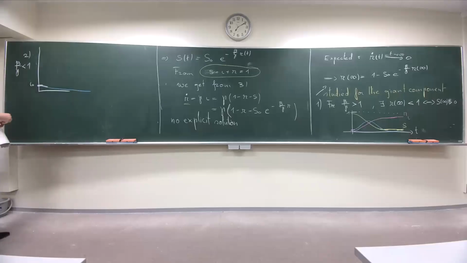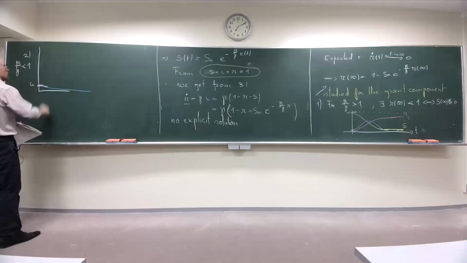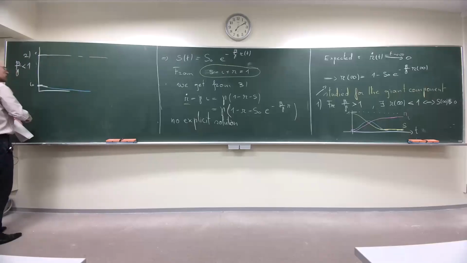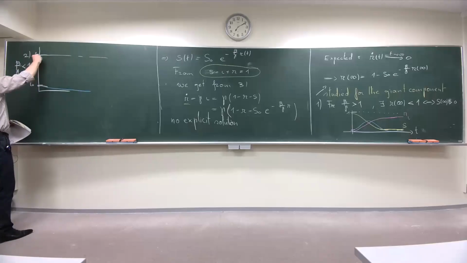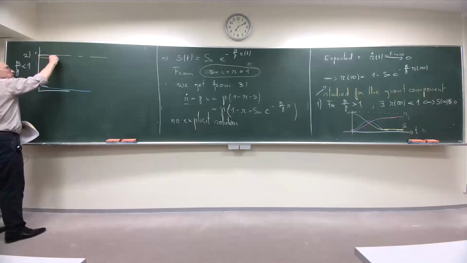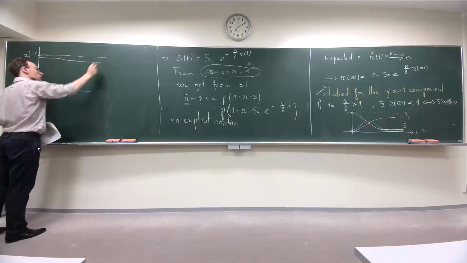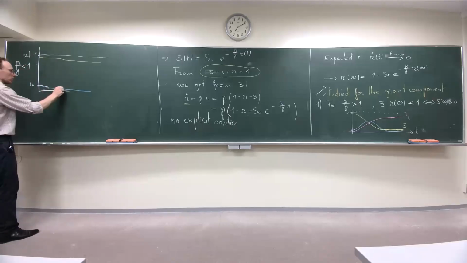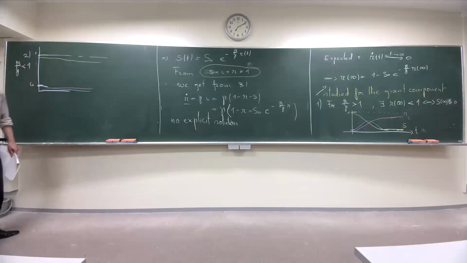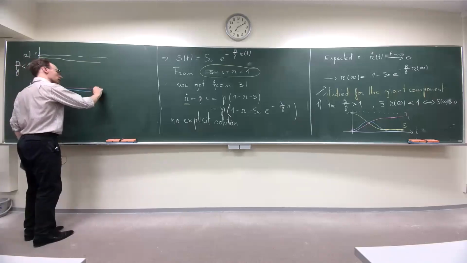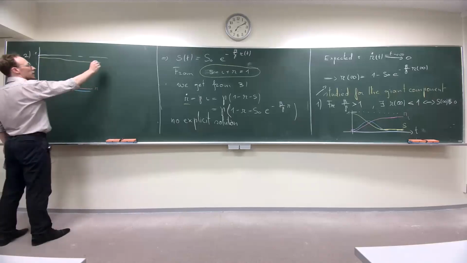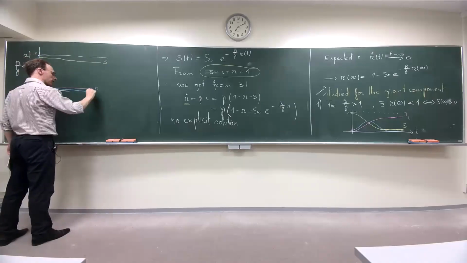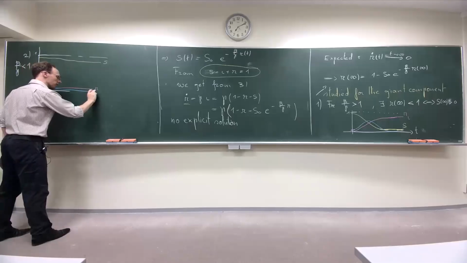We have 1, this is 1. The infected starts just below, but it's just going to decay a little bit and go to a constant. And the recovered is going to do something like this. I hope, yes, it's correct. This is susceptible and infected, iota.